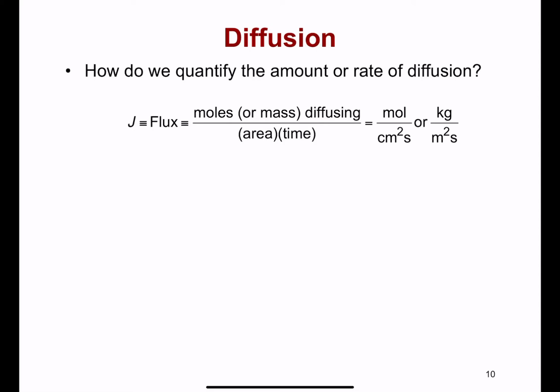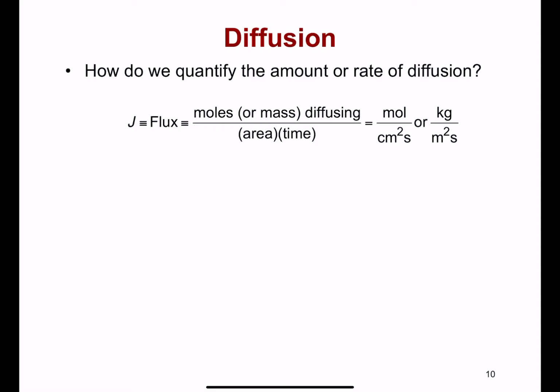But the point is that we have an area for that filter, and we have matter transferring across that coffee filter. So the flux of matter moving across that filter is going to be a function of how much stuff went across that filter, what the area of that filter was, and how fast it went across.